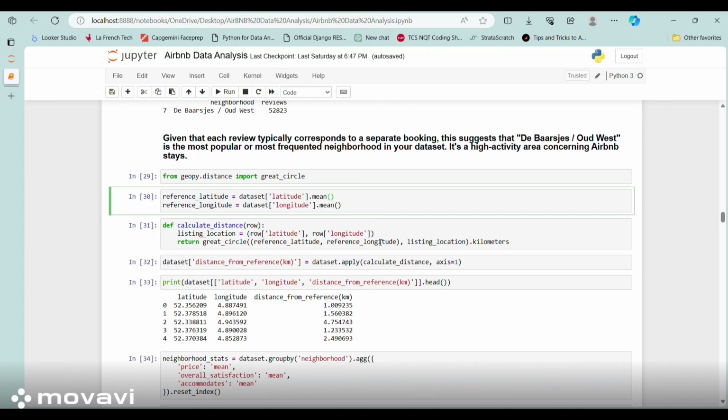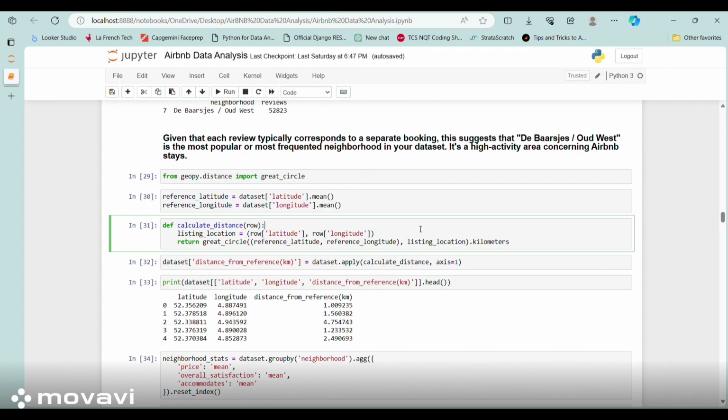In this function, we extract the latitude and longitude of each listing. We then use the great circle function to calculate distance in kilometers between the listing's location and our reference point. This reference point is a central coordinate that we have set as the basis for our geographic analysis.